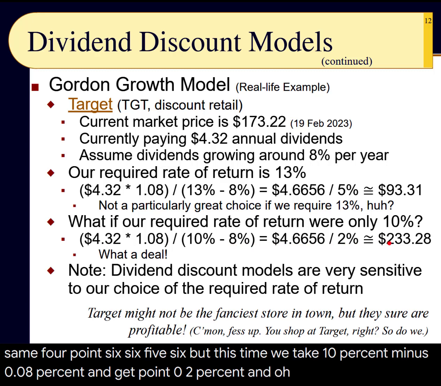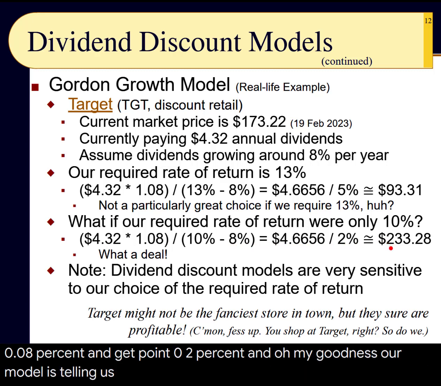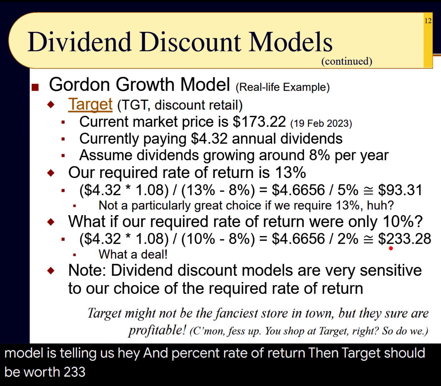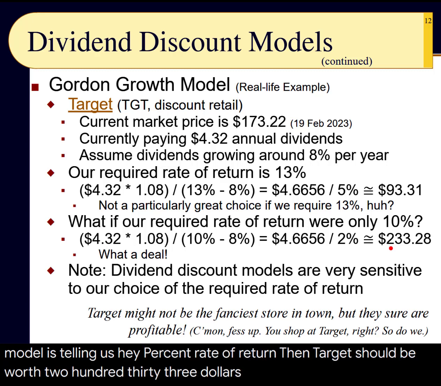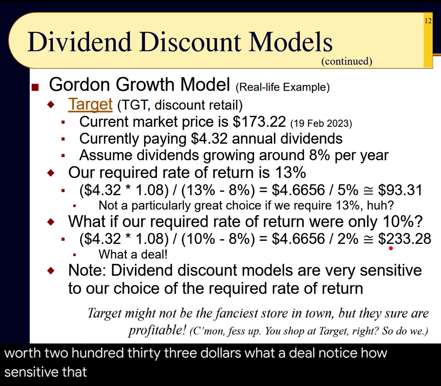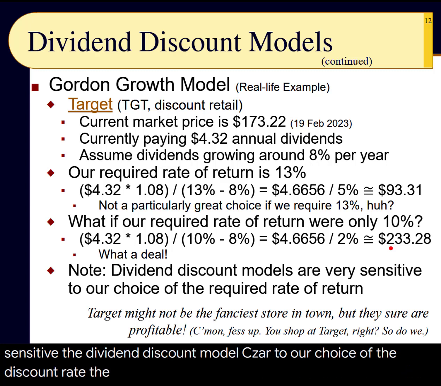And oh my goodness, our model is telling us, hey, if you require a 10% rate of return, then Target should be worth $233. What a deal. Notice how sensitive the dividend discount models are to our choice of the discount rate, the required rate of return.